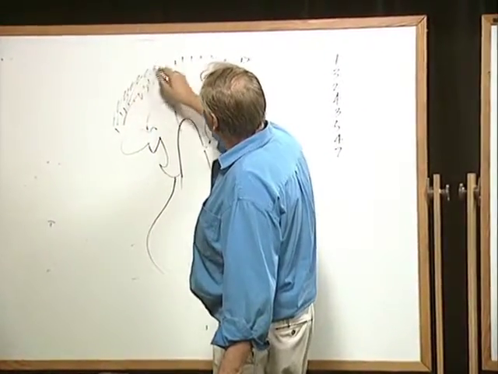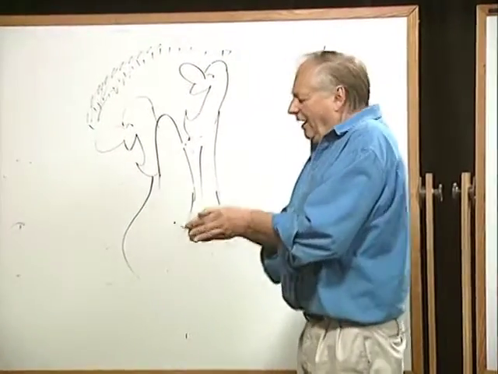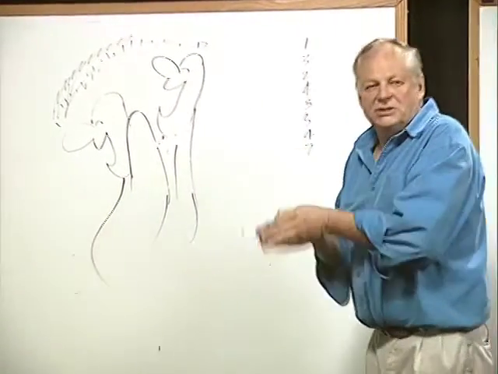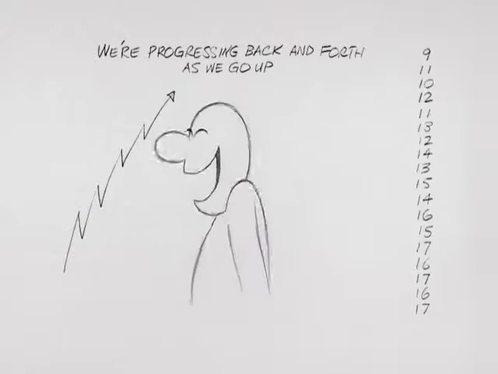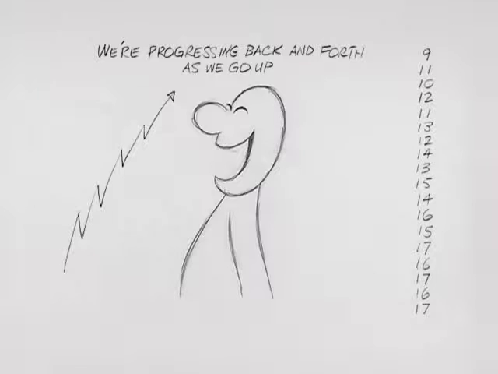So you get a result which is kind of mechanical. We're progressing back and forth as we go up.